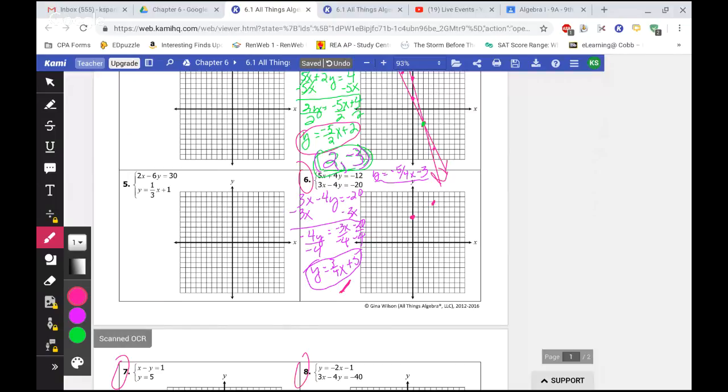Or I'm going to go down 3, left 4. So that's actually the second equation.